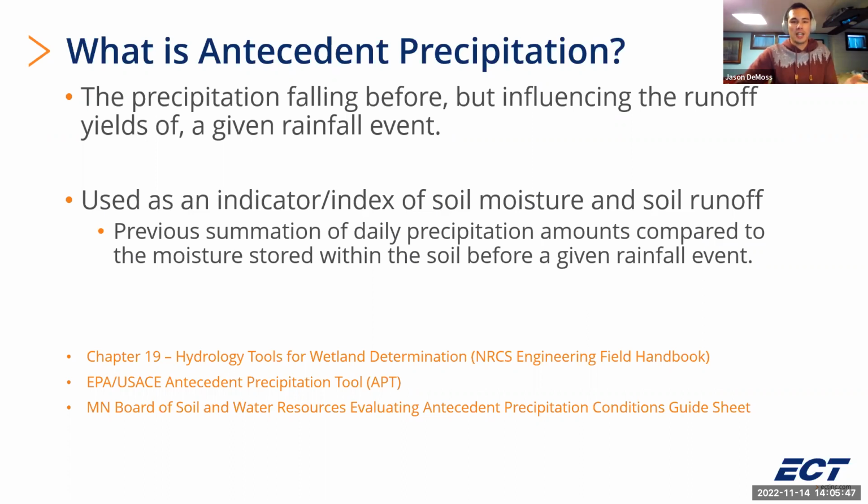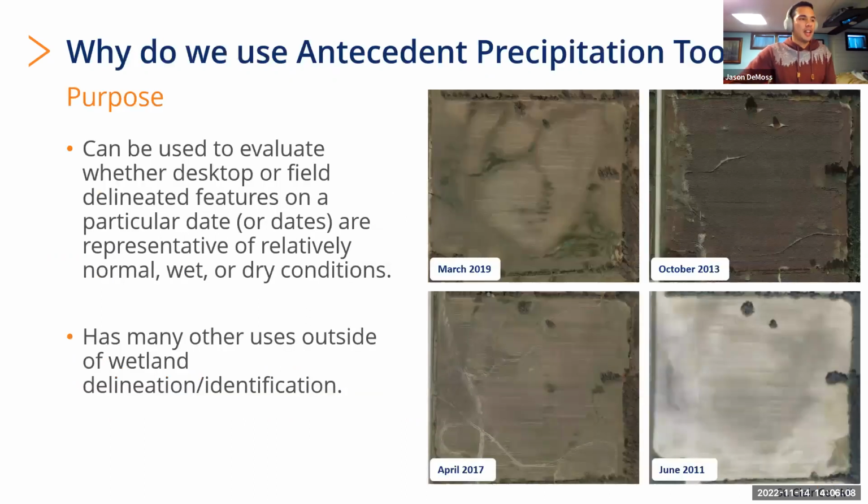Like I said, it provides you a summation of daily precipitation amounts compared to the moisture stored within the soil before a given rainfall event. These definitions were taken directly from the reference materials at the bottom, and when I send out the presentation, it'll have links to each of these items at the bottom of this slide.